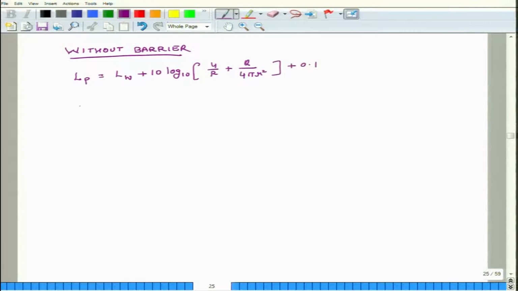Okay. So, to calculate the room constant, I have to know the internal surface area. So, surface area of the room is how much? (30 times 30 plus 30 times 5 plus 30 times 5) times 2 is equal to 2400 meters square.